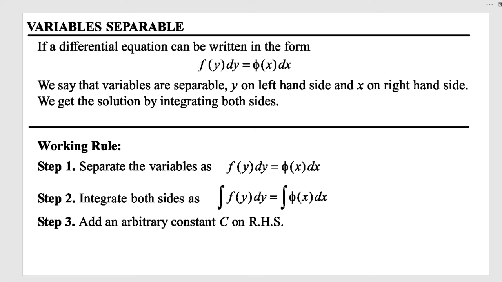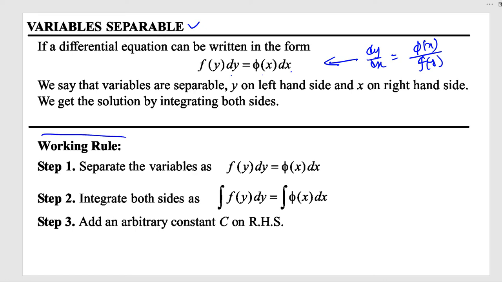Today we are talking about the variables which are separable. So whenever we have dy/dx equals, for example, phi of x by f of y, if we have this situation, then this can be written as f of y dy equals phi of x dx.